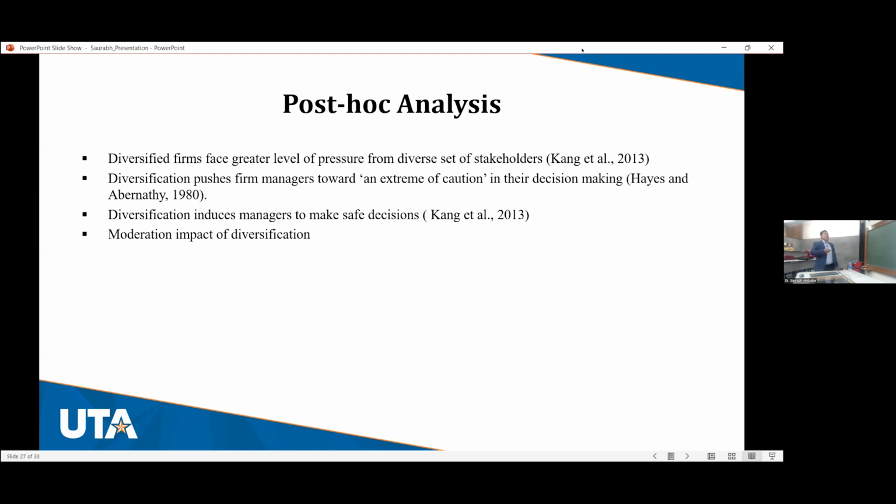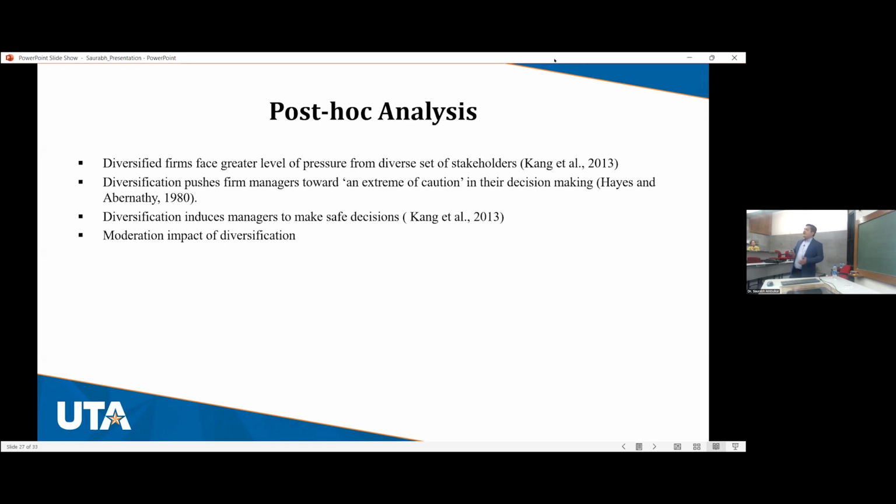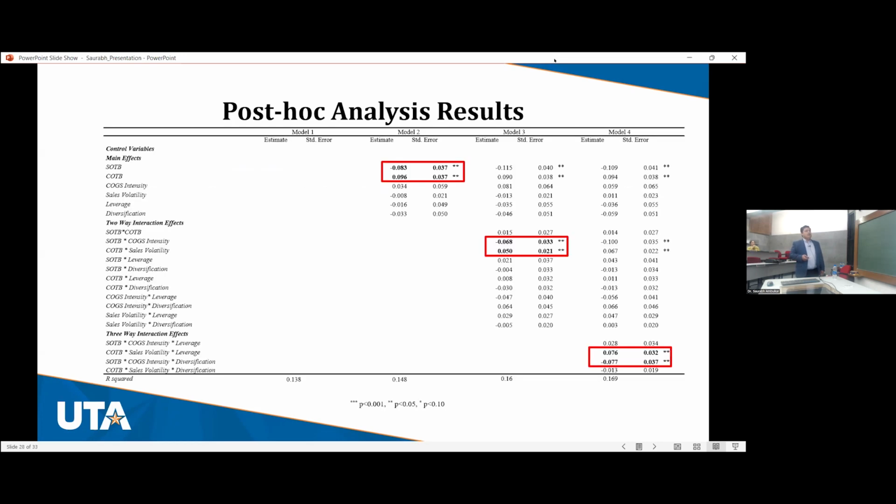Past research has also talked about how diversification pushes managers towards an extreme of caution. Managers try to make safe decisions when the firms are very, very diversified, right? And so what we see is that with diversification, the impact between SOTB, COGS intensity, and diversification is negative and significant.